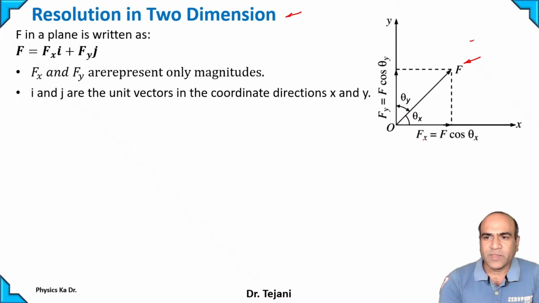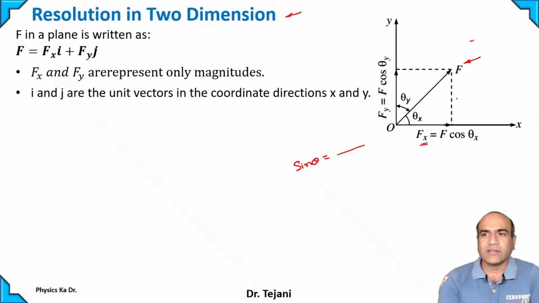If I just want a component along the x direction, there are two sides. We know that sine theta is equal to the opposite side divided by the hypotenuse.